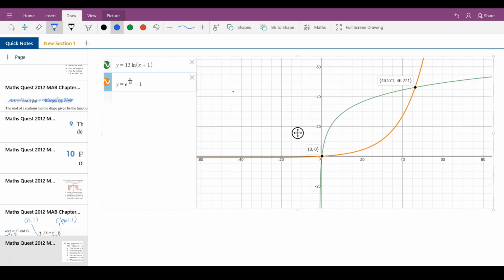Boom, we're back. Okay, so we graphed it and it doesn't really help, because we are looking for the area from 0 to 40. This function is the inverse, right? So we're looking for all this area.